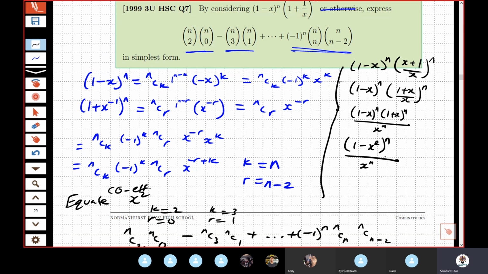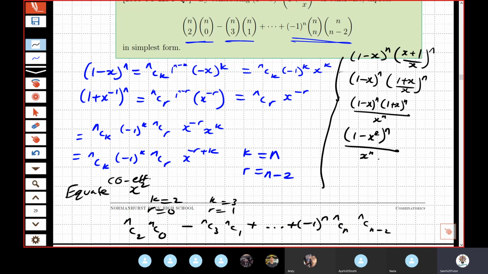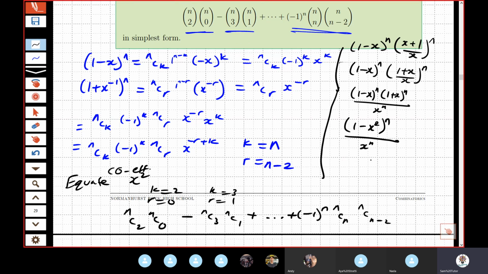Now, what is it? Yeah. n choose k, 1, and negative x squared to the power of k on x to the n.